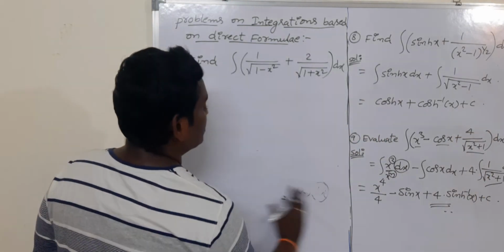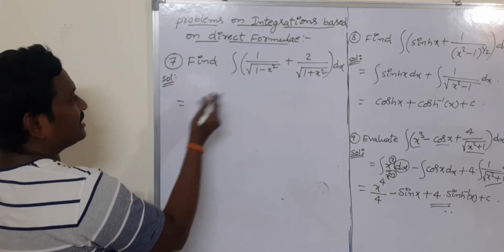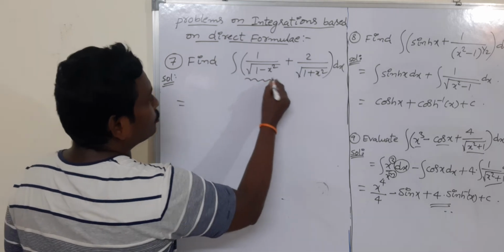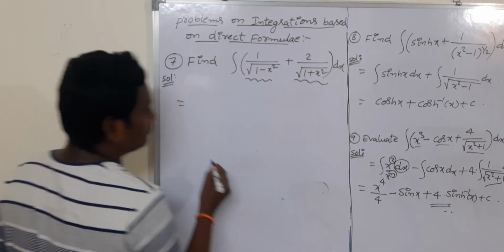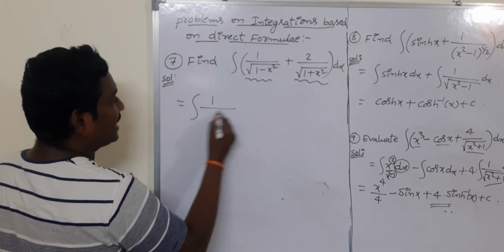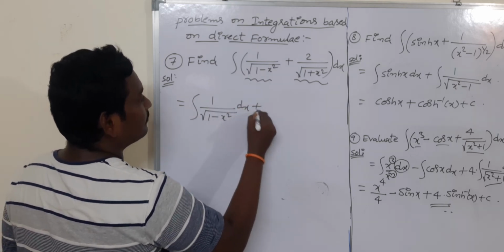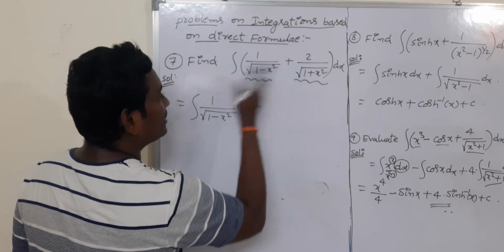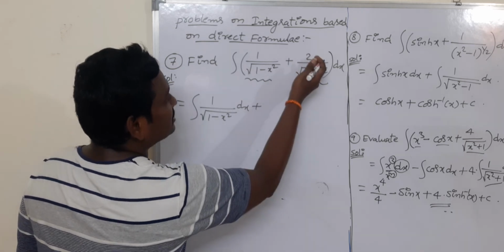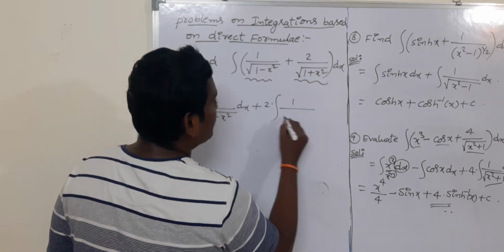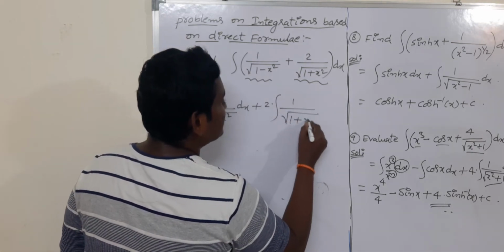Okay, come to this part. Directly separate the terms by using the linear property. There are only two terms inside, which are in addition. So integral 1 by root over 1 minus x square dx plus 2 is the constant term. Take this constant outside from the integral: 2 into integral 1 by root over 1 plus x square dx.